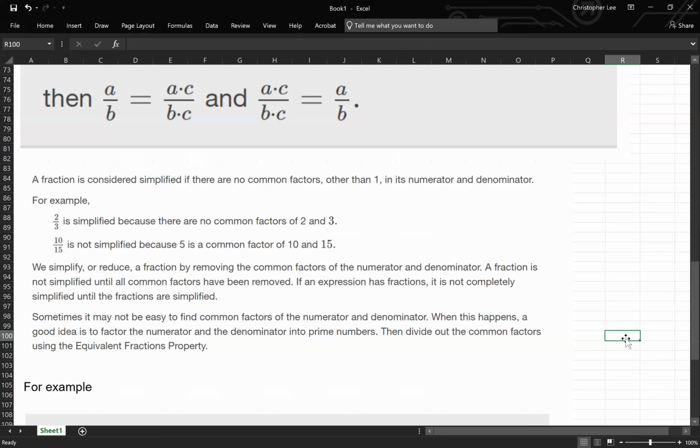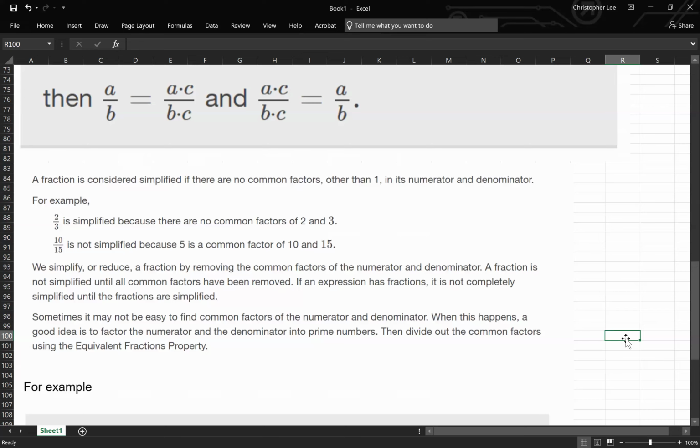So I can reduce 10 over 15 to 2 over 3. We simplify or reduce a fraction by removing the common factors of the numerator and the denominator. A fraction is not simplified until all common factors have been removed. So if an expression has fractions, it is not completely simplified until the fractions are simplified.